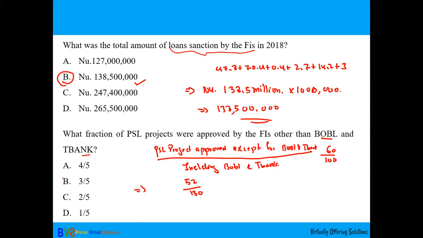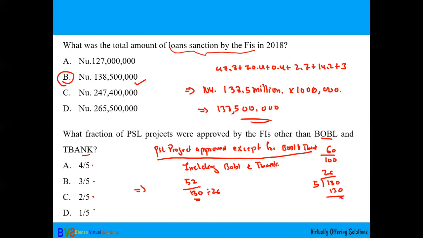Okay. Now there's a trick to simplifying this. When you see the options, all the denominators have 5 in common, so you try to make the denominator 5. How can you make that? You divide 130 by 26, and you will get 5.